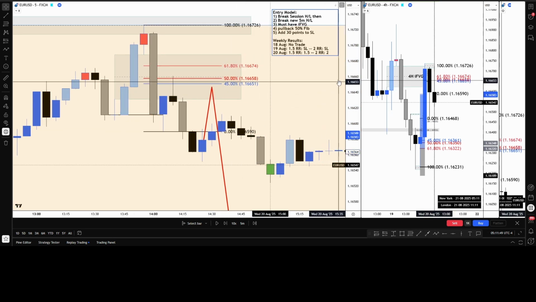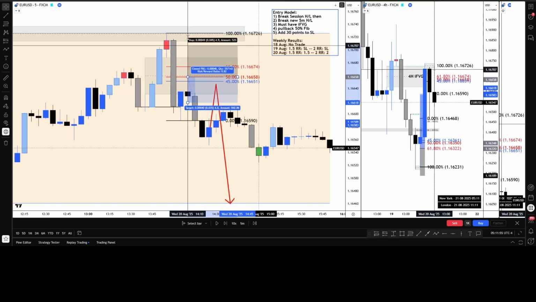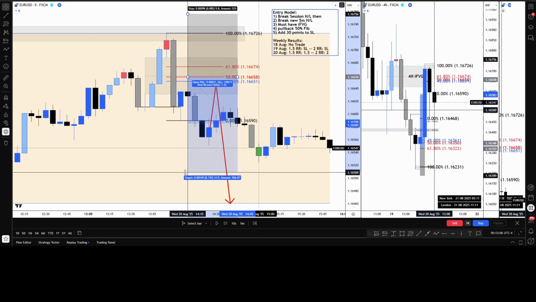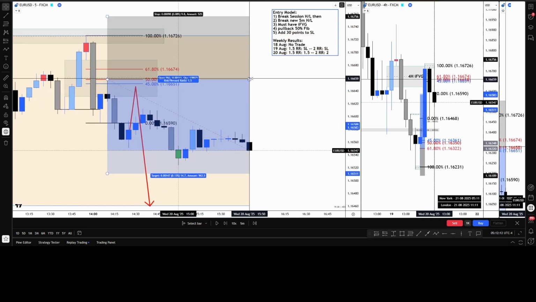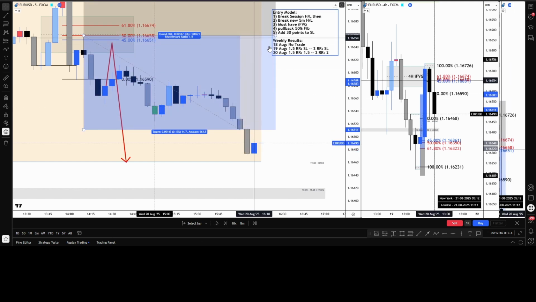We would have entered here. Aim for 1.5 at least. And we would have hit our TP.